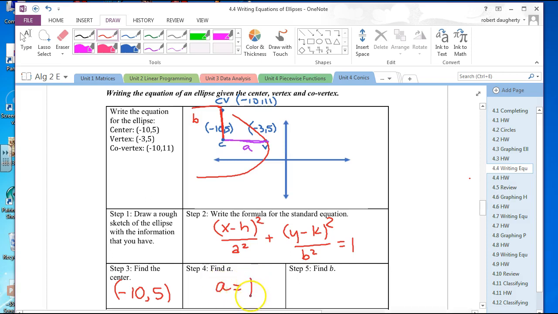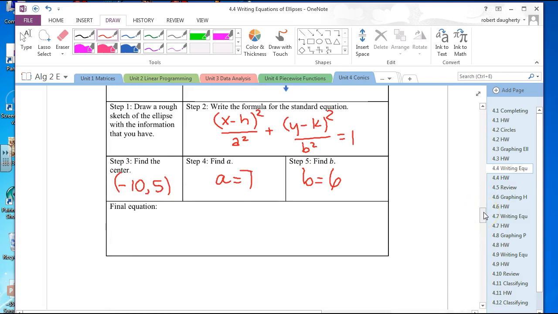So A is 7. What is B? B is from negative 10, 5 to negative 10, 11. What's that distance? 6. B is 6. If you know these three pieces of information, you know the equation.